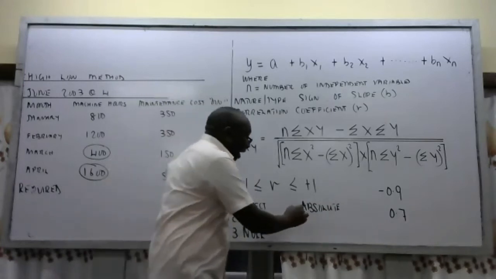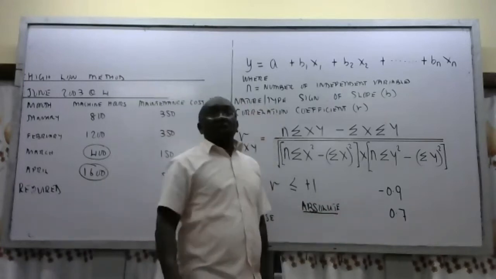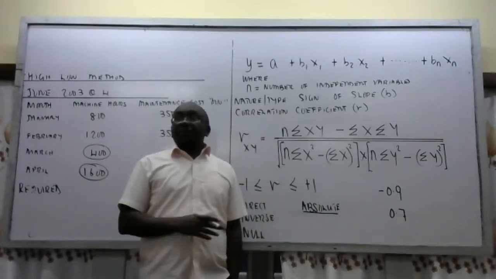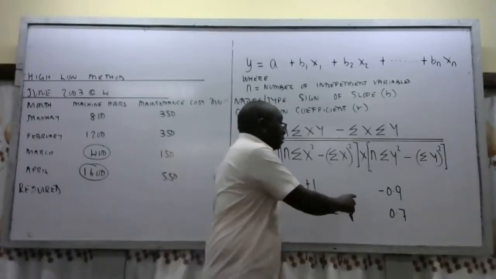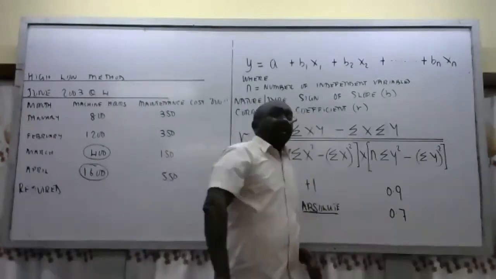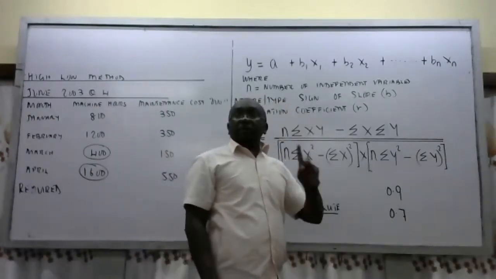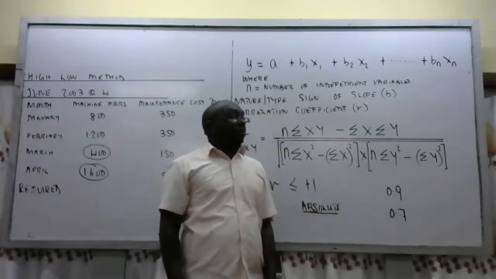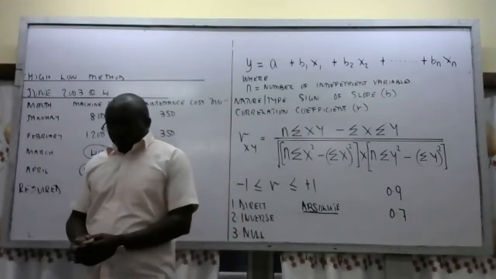When you see the word absolute, it means you ignore or drop the negative sign. So if you drop this one, then you realize 0.9 is closer to 1 than 0.7. That's the only point that I needed to emphasize.